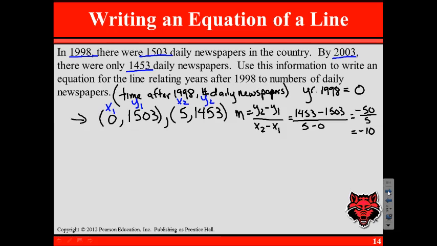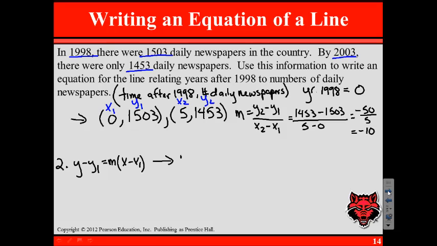Once we have the slope, we plug that into the point slope formula. y minus y1 equals m times x minus x1. We plug in the information we just found.